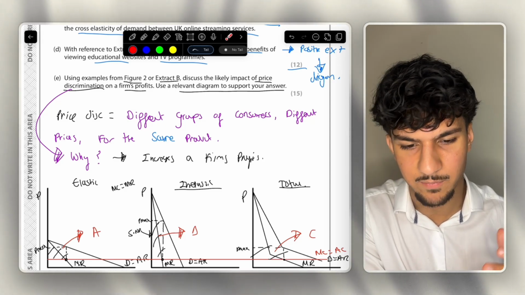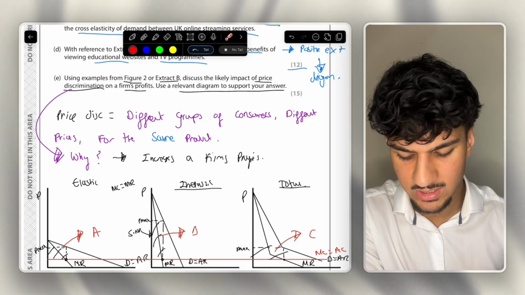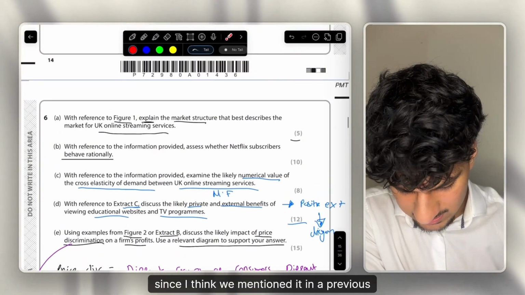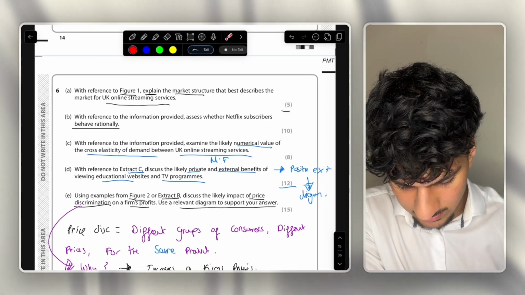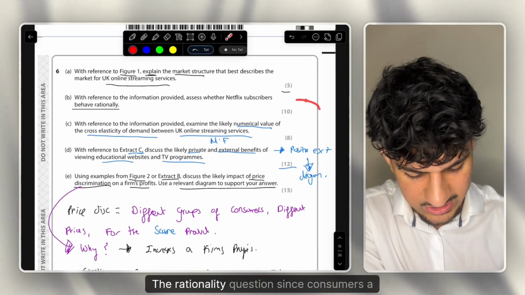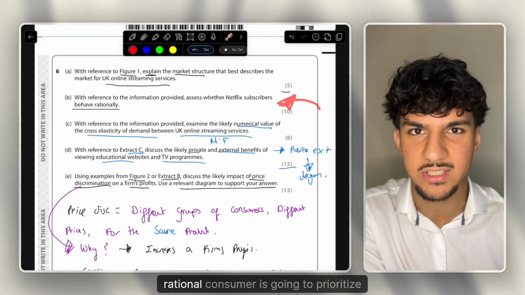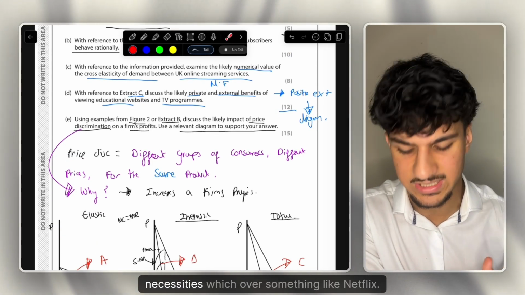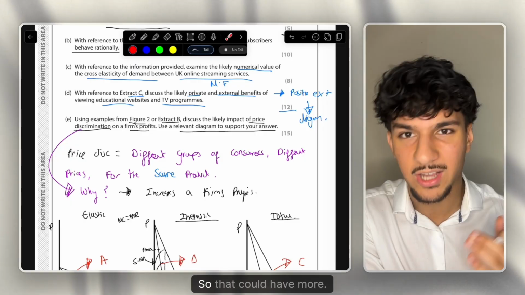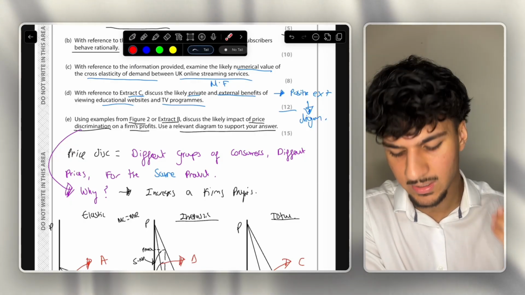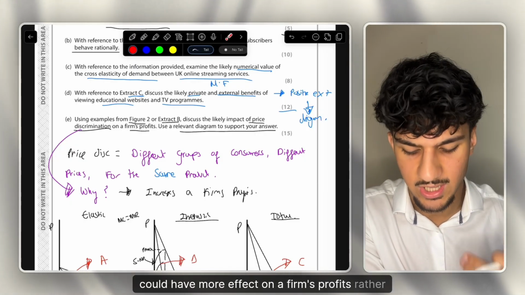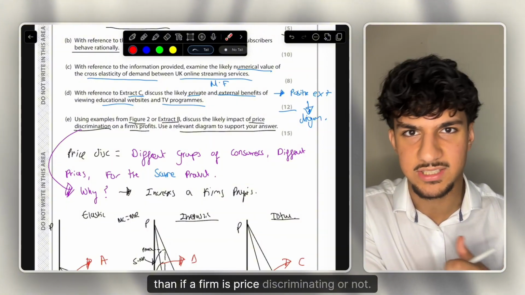Why? Since if national incomes are falling massively, since I think we mentioned it in a previous question, the rationality question, since a rational consumer is going to prioritize necessities over something like Netflix, the state of the economy could have more effect on a firm's profits rather than if a firm is price discriminating or not.